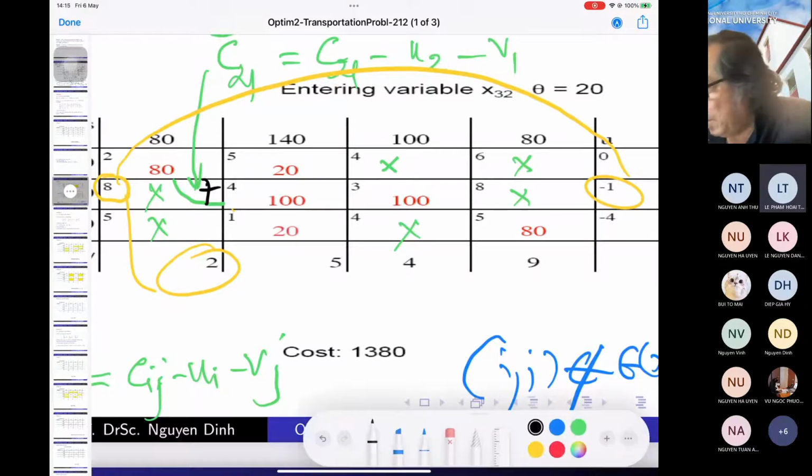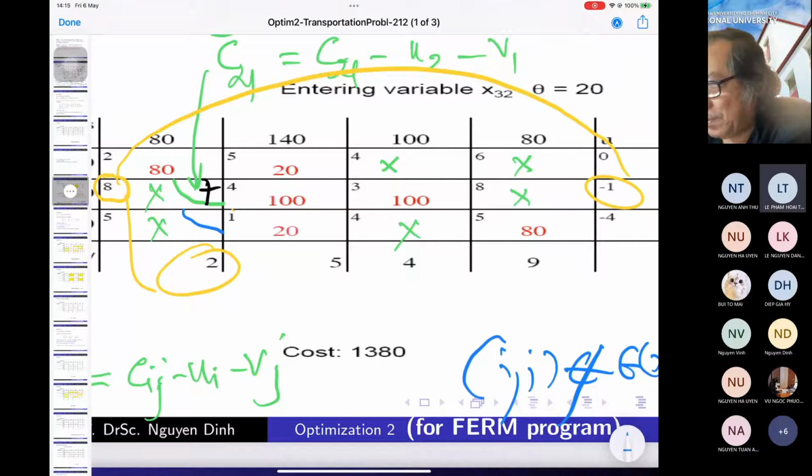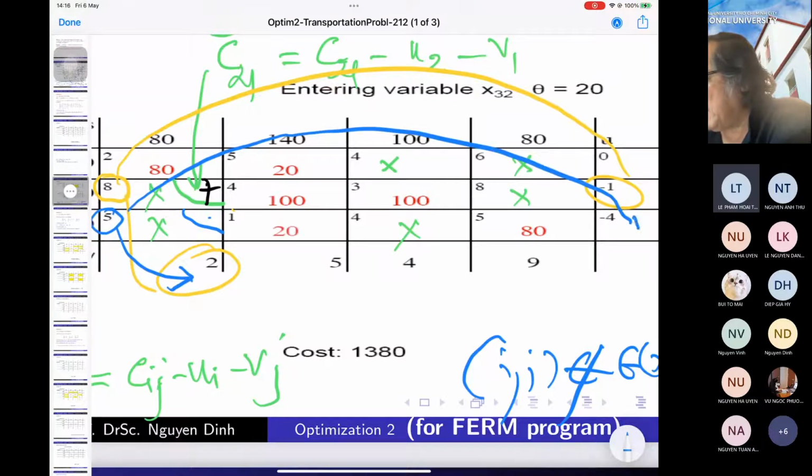Okay. So can you continue telling me what is the number? It is 5 minus this, minus this. 5 minus 2 is 3. 3 minus of minus 4 is 7. Still 7. Is that okay?